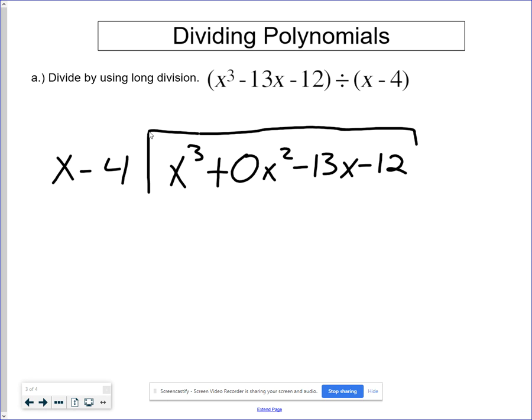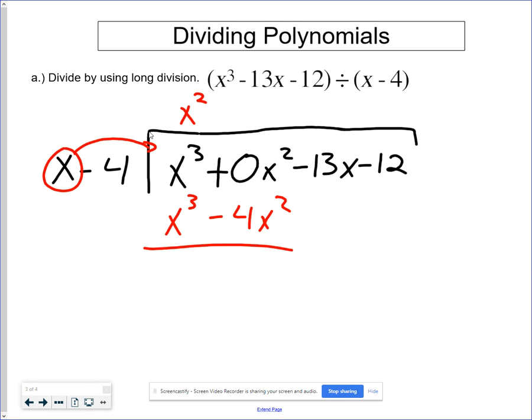So we'll do the same sort of thing. How many times does x go into x cubed? In this instance, it's x squared times, because x to the 1 times x squared is x to the 1 plus 2, which is x cubed. So we'll have x cubed. We'll take negative 4 times x squared to be negative 4x squared.